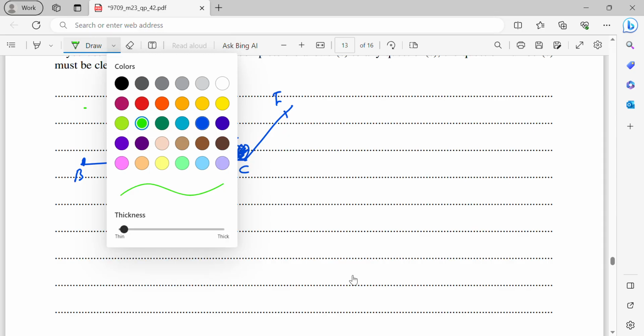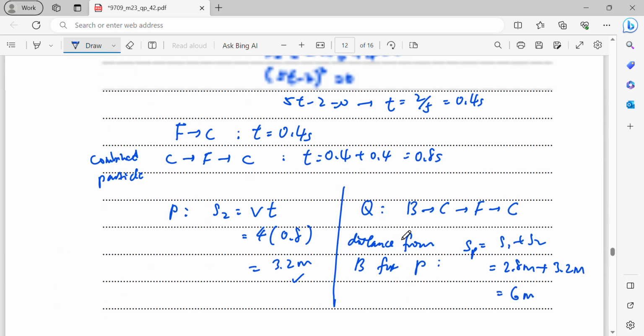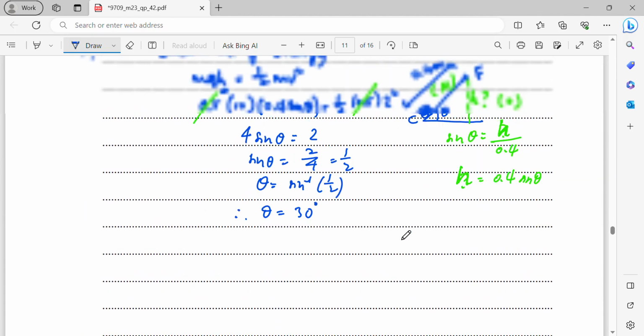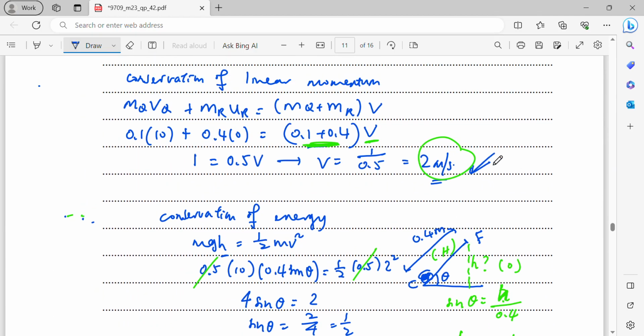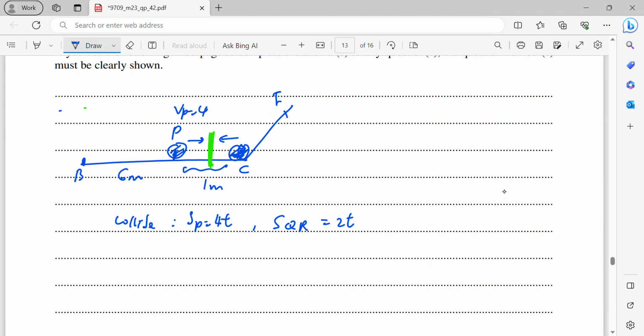So what to do is, when they collide, SP equals 4t because the VP is 4. Then SQR, this is the combined particle, it will be 2t because the v is 2. When you refer back, here is the 2. The combined velocity or speed is 2, so VQR is 2.